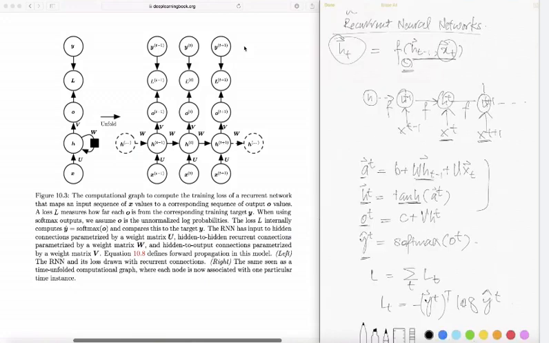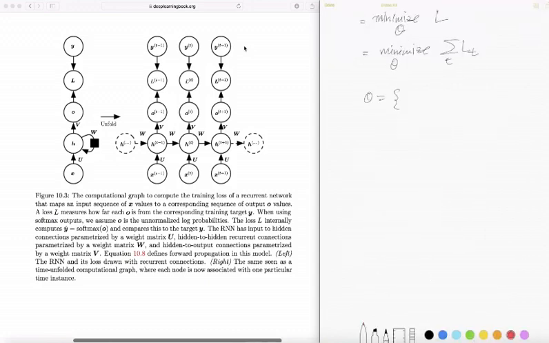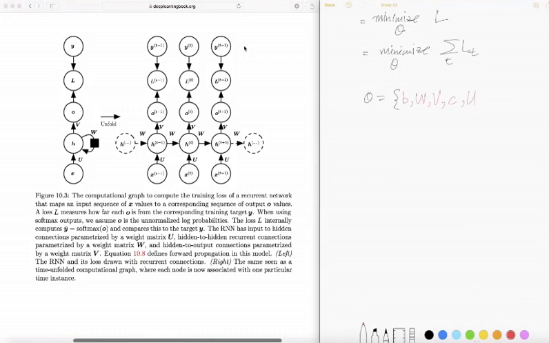So this is B, W, U, C, D. These are the weights of the layers and the bias parameters. Is there anything else? Nothing else. So the parameters are B, W, V, C, and C. These are the parameters.